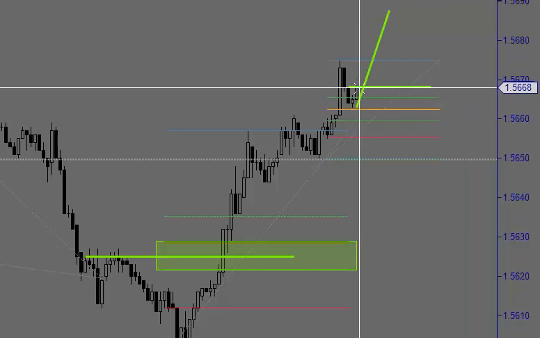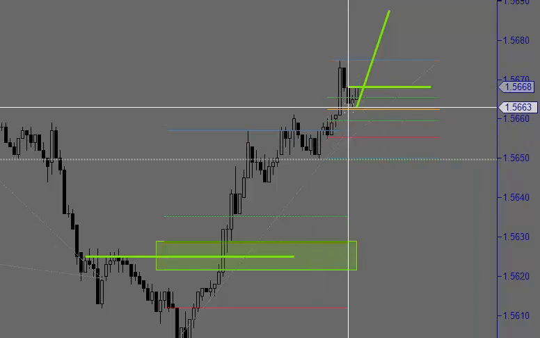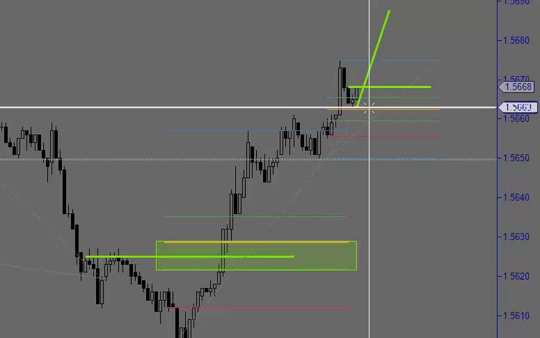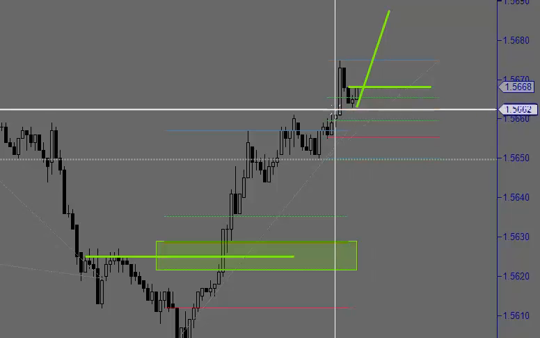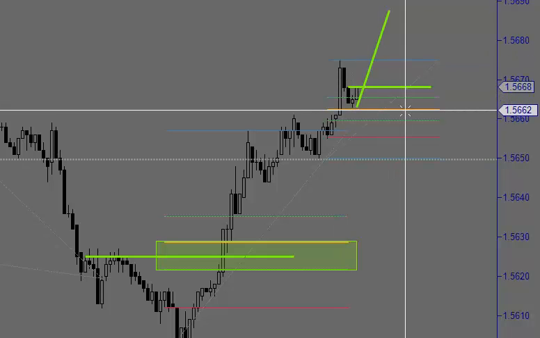So this is where I would have identified a long opportunity here. It is high risk. It is in line with an AB equals CD with an expectation of a 1-to-1. So if I'm right about this, price should not close below the 50, especially if I'm right about the order flow, because the order flow is increasing momentum, is increasing projection. So the 50% Fibonacci ratio should hold, right?